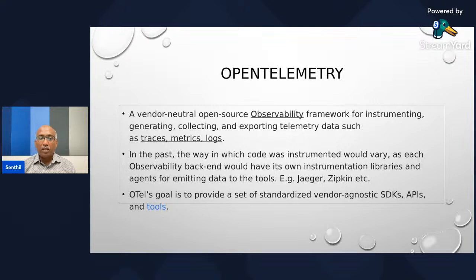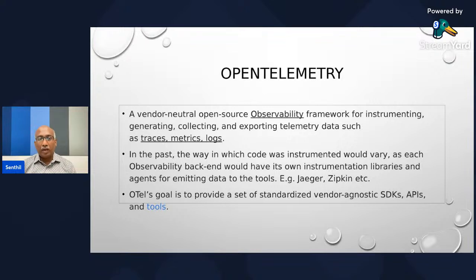Okay, so which means you don't actually get locked into a particular observability framework. For instance, if you have spent enormous amount of time in instrumenting your application using a library of a certain open observability framework, right? And that will work only if the observability backend is also supporting that framework.